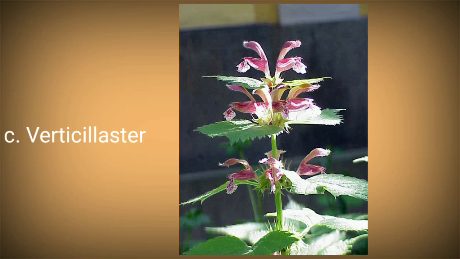It makes a false whorl-like structure because of the formation of some leaf-like structures or the calyxes attached with the node along with the flower, so it makes a cluster, and that cluster looks like a false whorl of flowers. So that is why such type of inflorescence is called the verticillaster inflorescence.